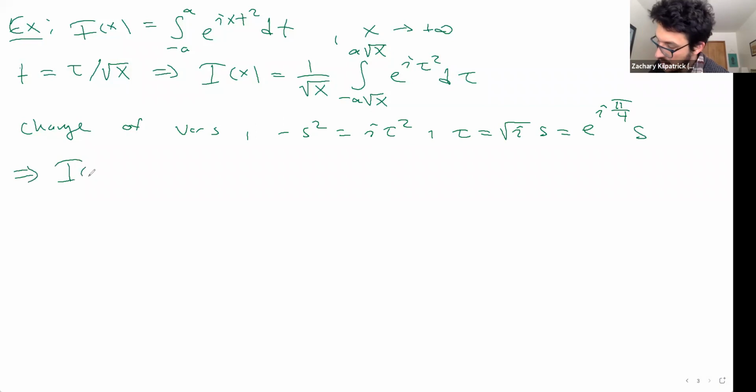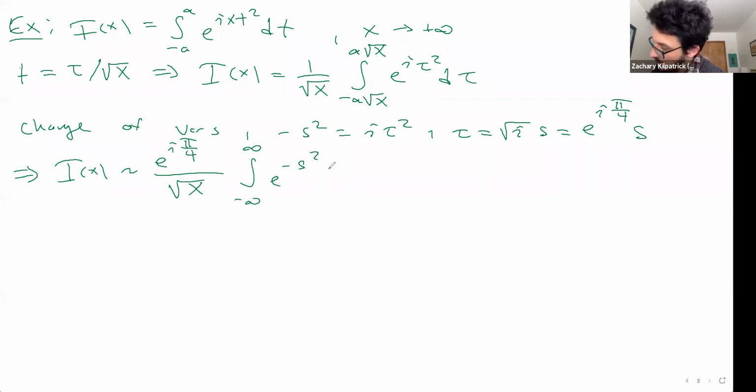So I of x is approximately equal to e to the i pi over 4 over the square root of x integral. Now, these limits are quite large, and they're going to be in the tail of some exponential. So I may as well just extend them out to minus infinity and infinity.